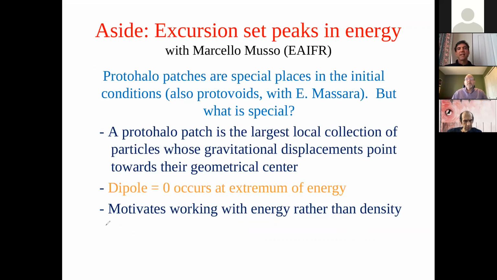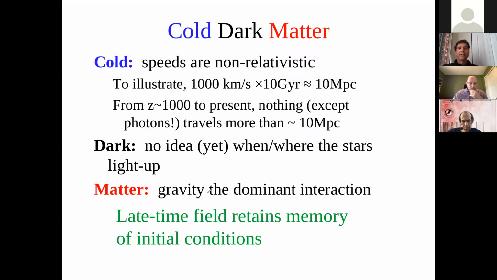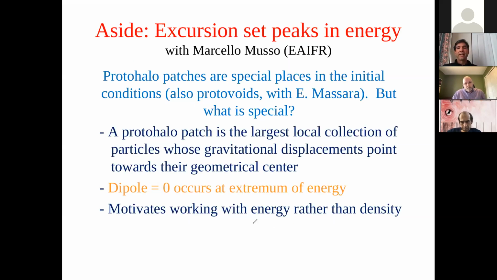And then I have a quick aside about some other work that I've been doing with Marcello Musso, who's at the East Africa Institute for Fundamental Research in Rwanda. And so one of the things that we've done is we've asked, if the late time field remembers the initial conditions, then the places where galaxies form are dense nonlinear objects.